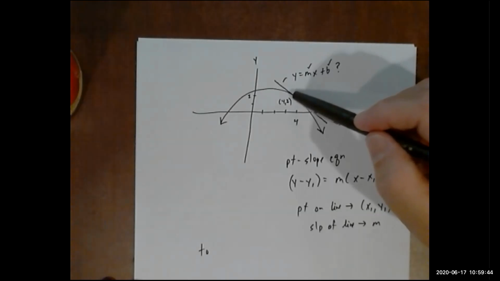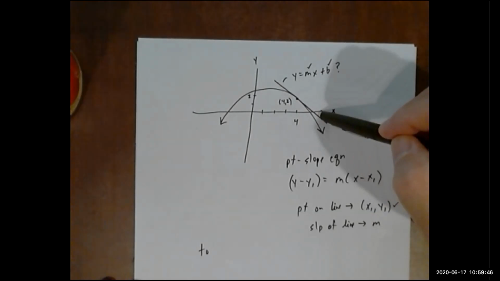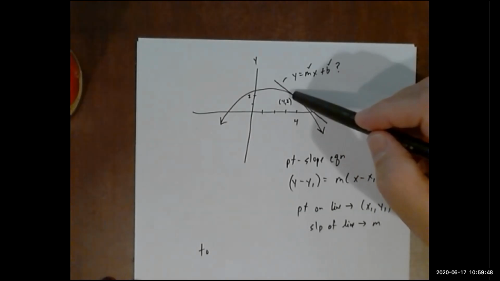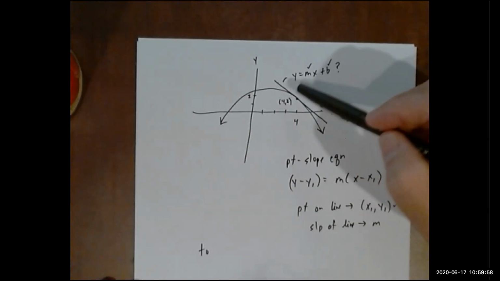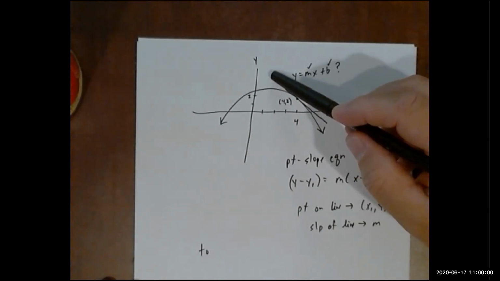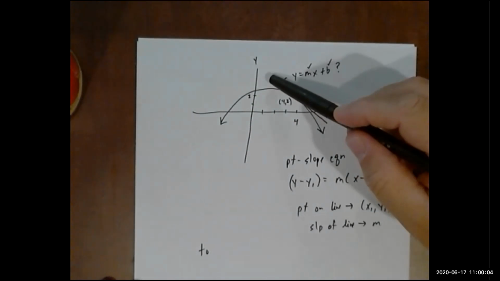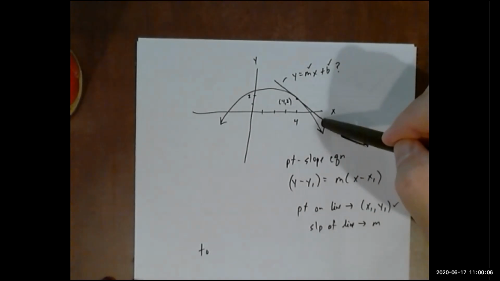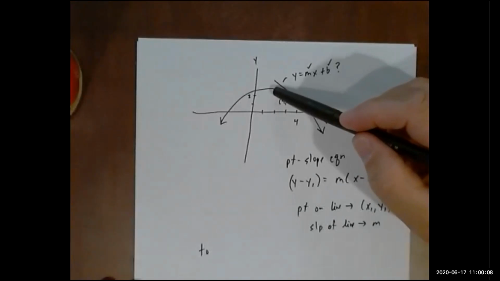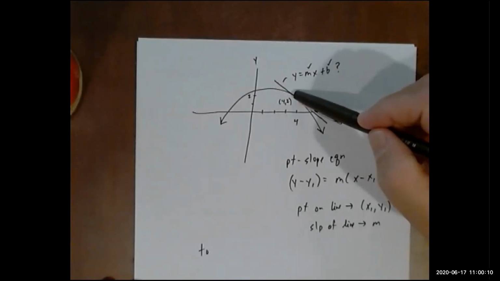Well, this tangent line, we know a point right here, the point at which the line touches the graph. We know that point, 4, 2. Now I need the slope of this line, but once again, the slope of this line is actually the same as the slope of the curve at that point, right?